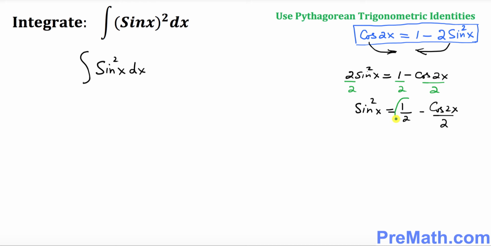Now I'm going to replace sine square of x by this quantity over here. So I can write 1 over 2 minus cosine of 2x divided by 2, dx.